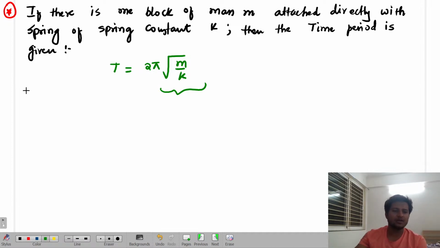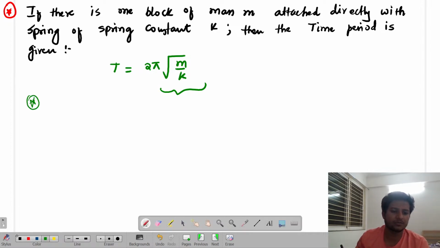Means any kind of connection is there. Let's suppose I'll take an example. One of the best examples is, let's suppose there is an inclined plane of inclination some theta, and you just took one spring and attached it to one of the blocks of mass m.